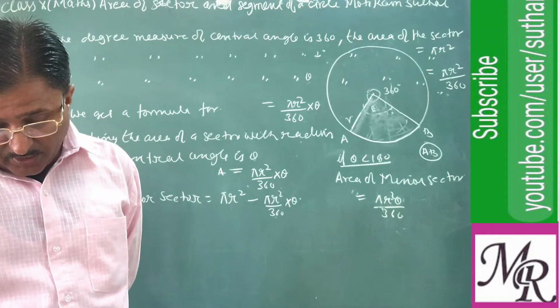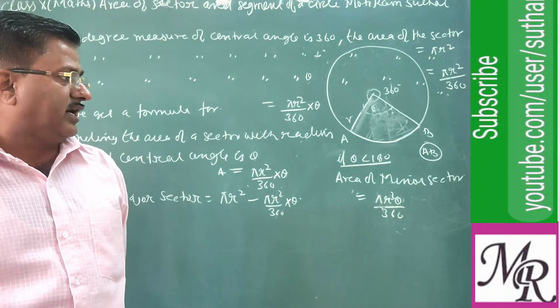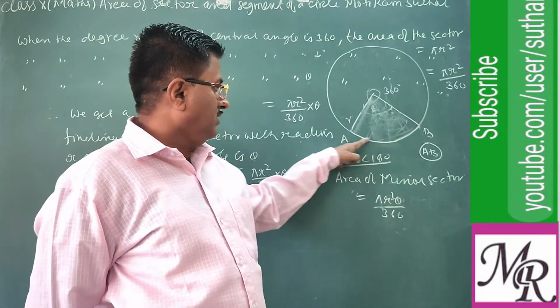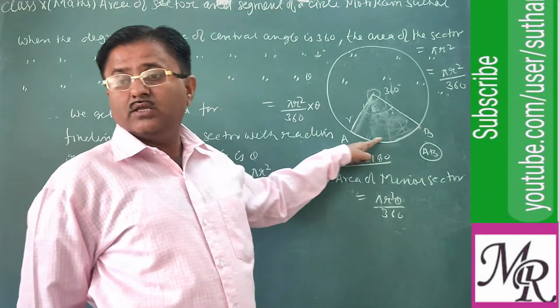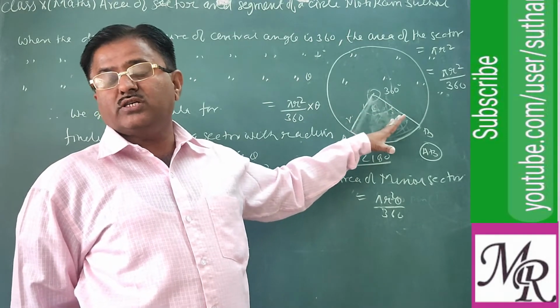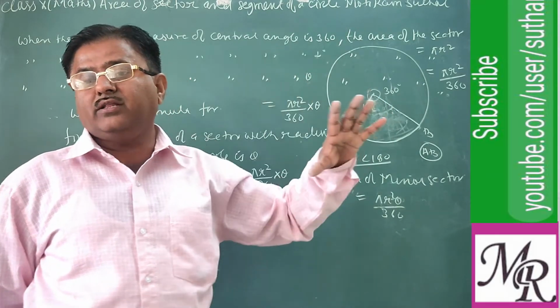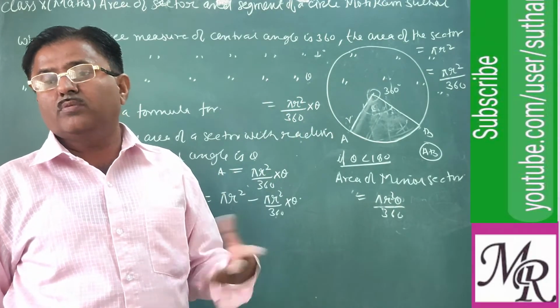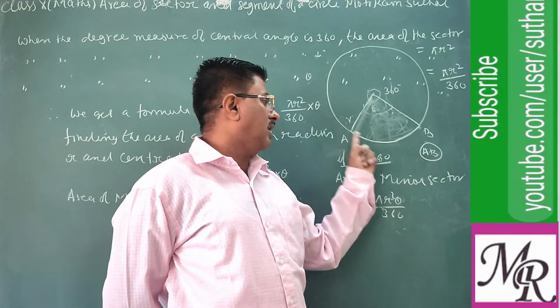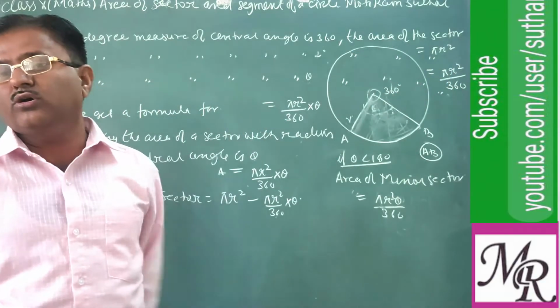This is a sector A, O, B, A. This whole is a sector. Now a natural question is, how to find the length of the arc of the sector. So this is the sector, but the arc is AB. So how to find AB? That we want to see.